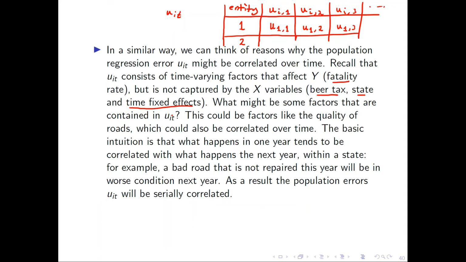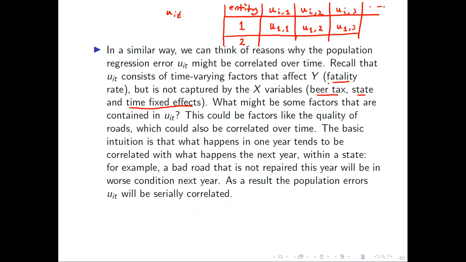These state and time fixed effects affect the intercept of our regression. But that might not be enough to explain our y variable, the fatality rate.